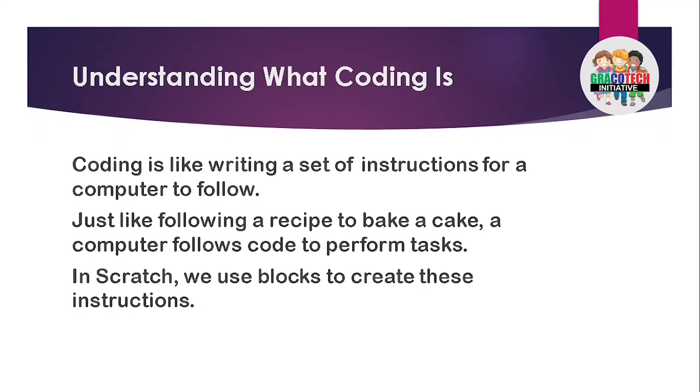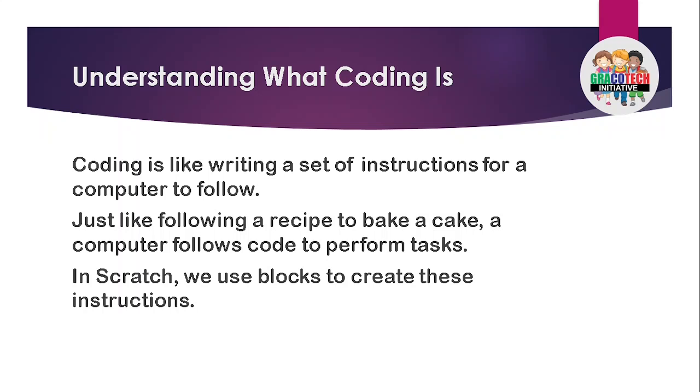Let's understand what coding is. From what we have here, coding is like writing a set of instructions for a computer to follow. Every one of us are children. You receive instructions from your parents, your teacher in school and seniors, and there's always a set of instructions whenever they ask you to do something.